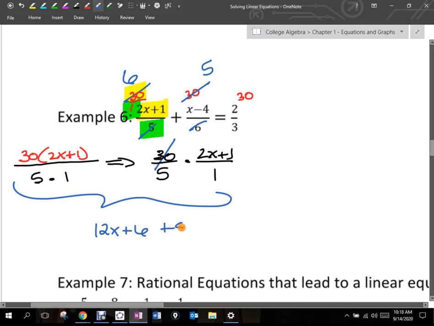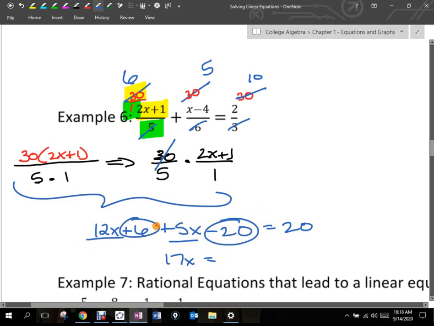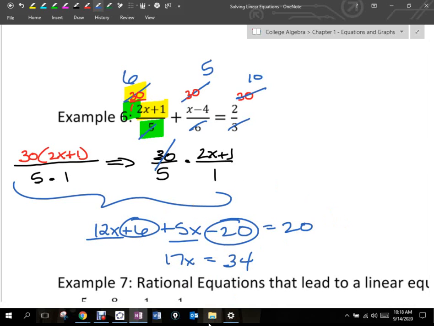So now I'll have plus 5x minus 20. And on the right-hand side, those are going to cancel and leave you with 20. Combining like terms, that's going to give me 17x. So this is negative 14. I'm going to take that to the other side. It becomes positive 34 on the right-hand side.